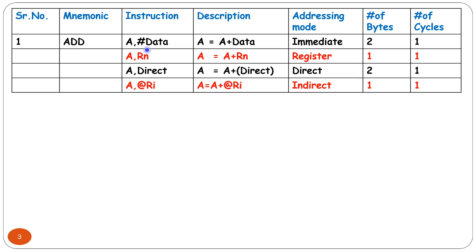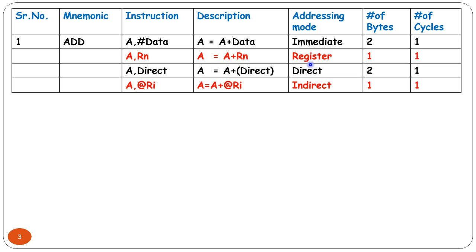ADD A, Rn: general purpose register Rn, where the value of n is from 0 to 7, R0 to R7. One of those registers is added to the accumulator and the result is stored in the accumulator. So Rn plus A is stored in the accumulator register.